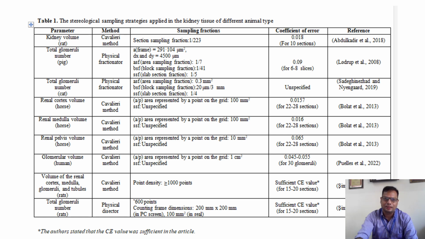There are measures like the kidney volume, total glomerular number, the total glomerular number in the different species, like in the pig, cat, the renal cortex volume, the renal medulla volume, glomerular volume, and the total glomerular number in the different species can be usually done by the different methods, like the physical fractionator, capillary method, and for each author the coefficient of error value stated was sufficient in the article, which is stated in the table.